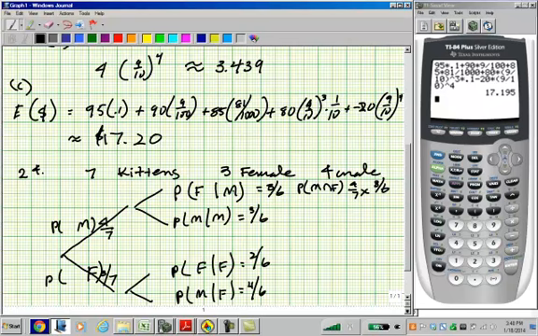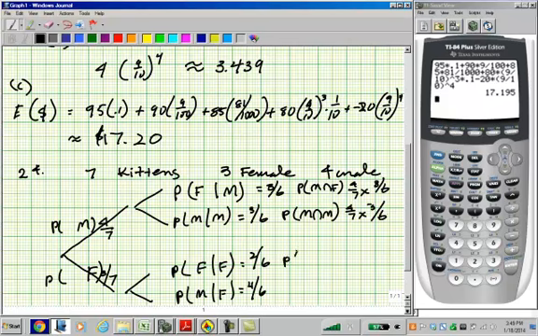We're using the general multiplication rule. The probability of a male and a male will be the probability that you got a male, 4/7, times the probability that you got a male given you got a male. In other words, you're coming off the male branch here. So that's going to be 4/7 times 3/6.